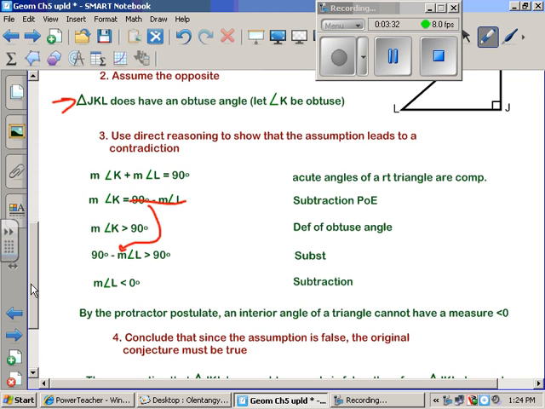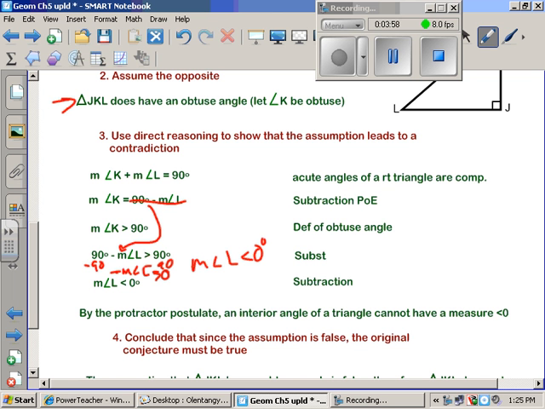It's greater than 90, because I just said angle K was 90 minus angle L. Okay, which means for angle L, when I subtract 90 from both sides, I get negative the measure of angle L is greater than 0, and then because it's a negative, I flip it and make it the measure of angle L is less than 0.